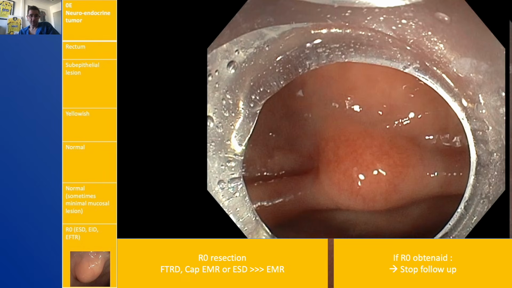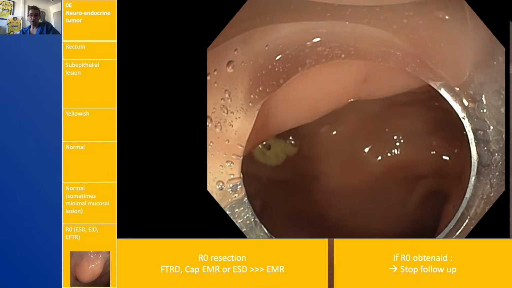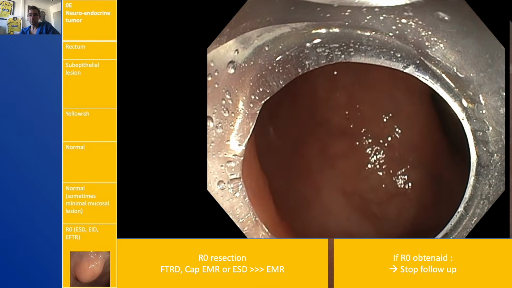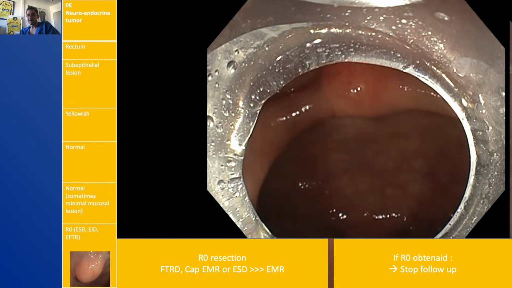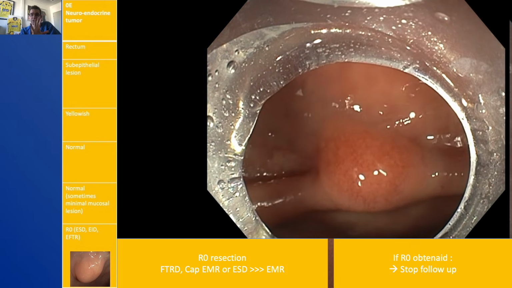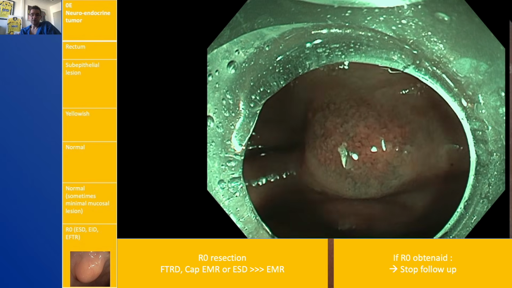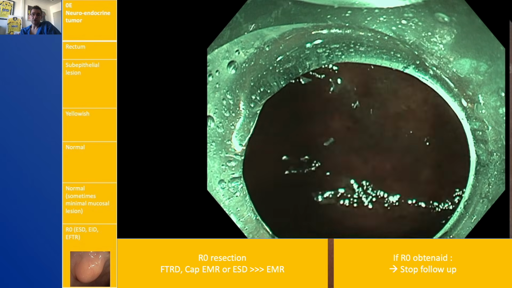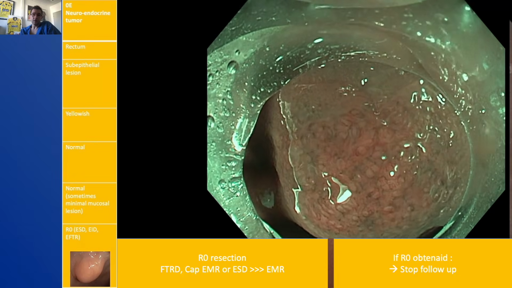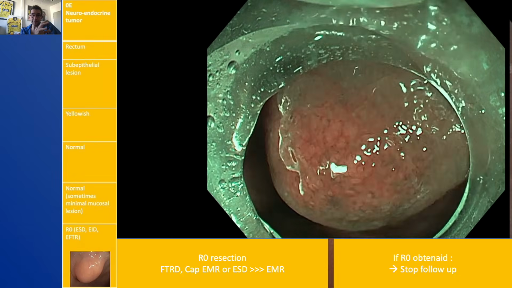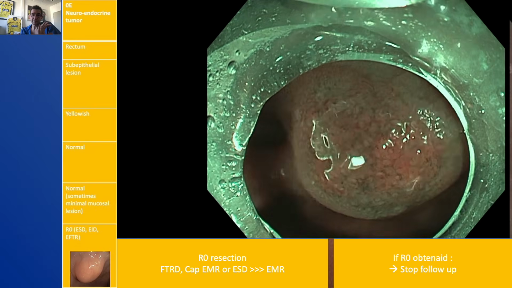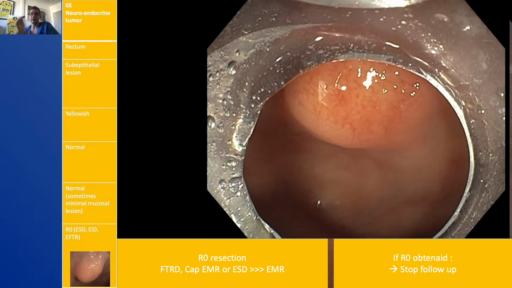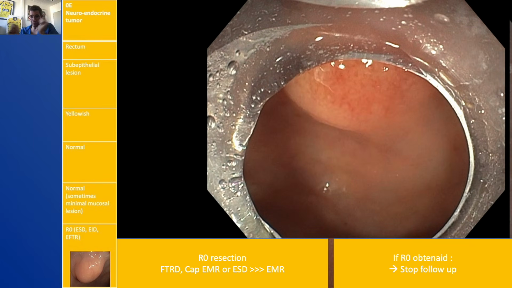resection first. This is an example of neuroendocrine tumor in the rectum, which was not so much yellow, but more or less red with a yellow aspect in the middle. Not a conventional aspect. You can see that it is a submucosal tumor, but with some abnormalities on the mucosal pattern, because as you know, NETs are not only submucosal tumors, they are mucosal tumors going into the submucosa.